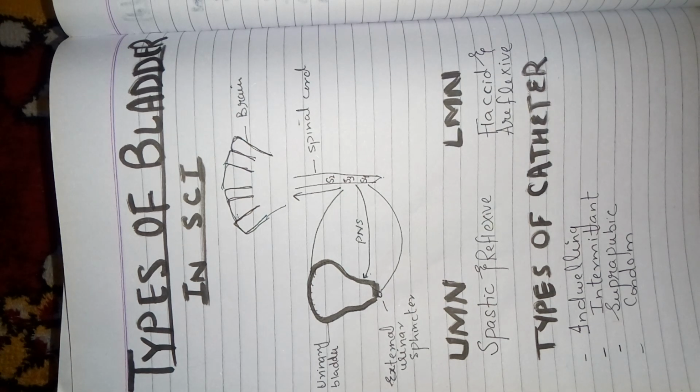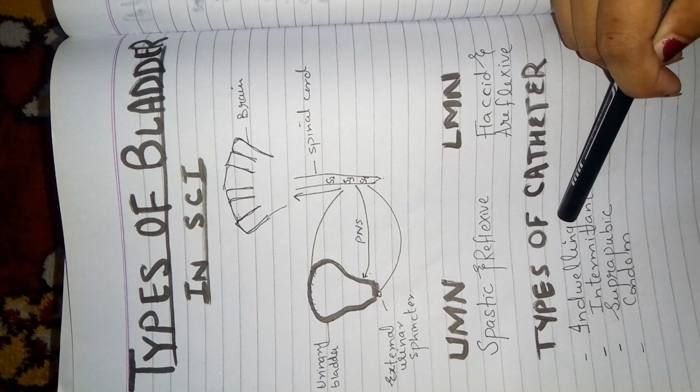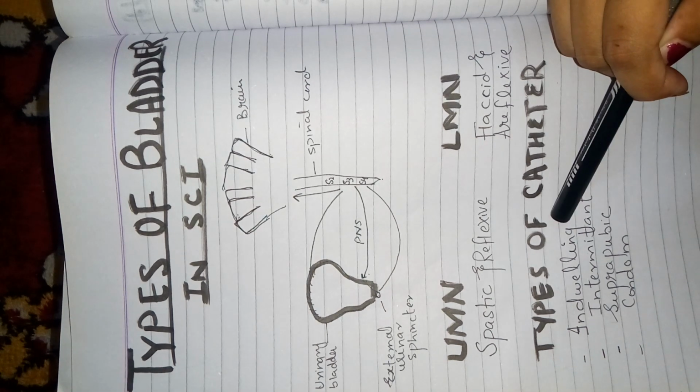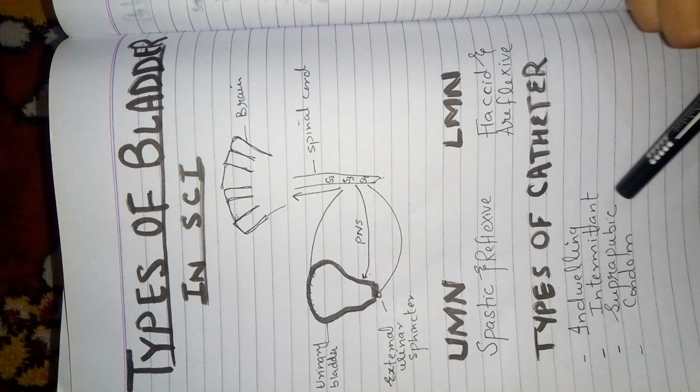Okay, indwelling also depends on the person you are recommending it to. Indwelling is also used in children, in very old age patients, or patients who are mentally disturbed, who cannot handle themselves. In those patients we recommend indwelling. The other two types are not that common. That is the suprapubic catheter.